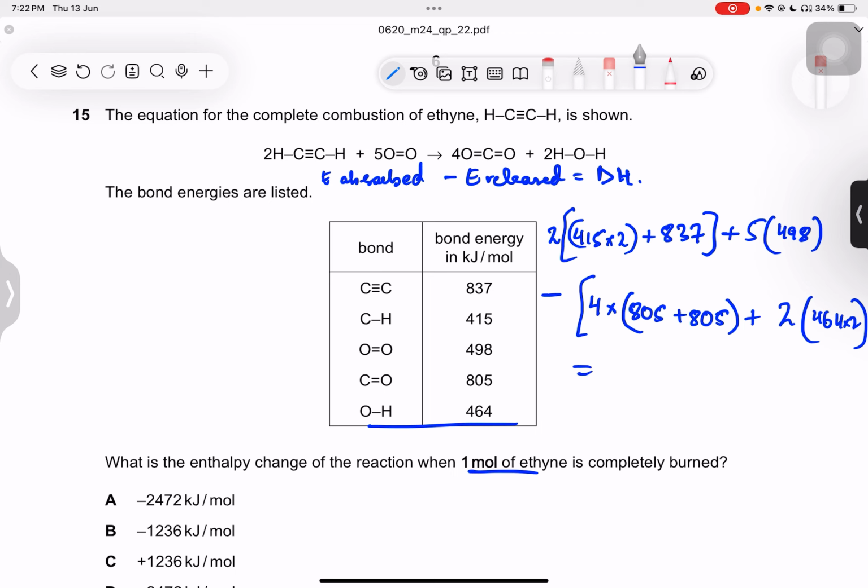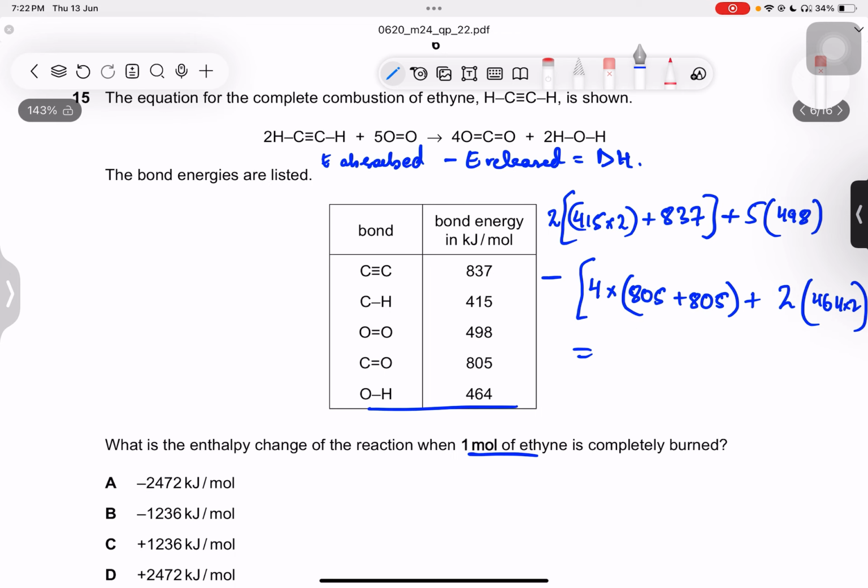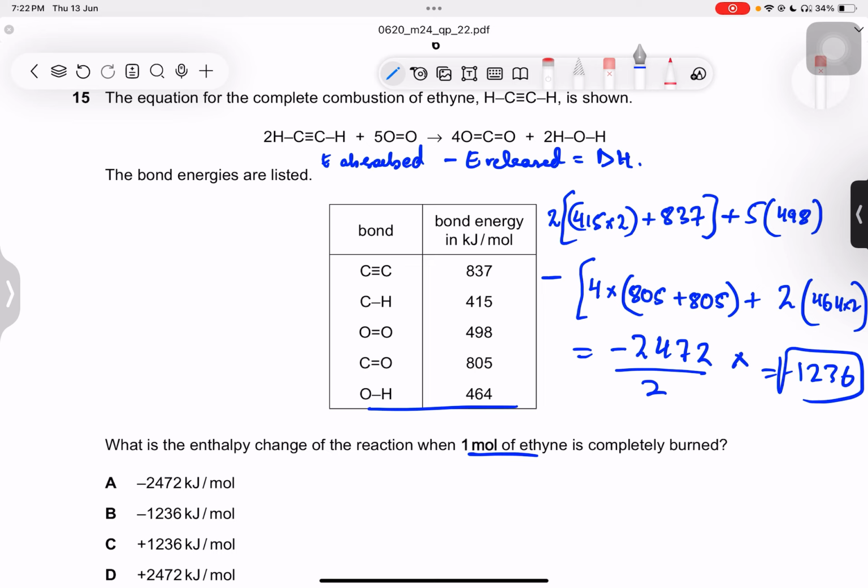If you put this entire thing in the calculator, you will get the answer -2472, which is not the correct answer because you have to divide this by 2, giving you -1236, which is B.